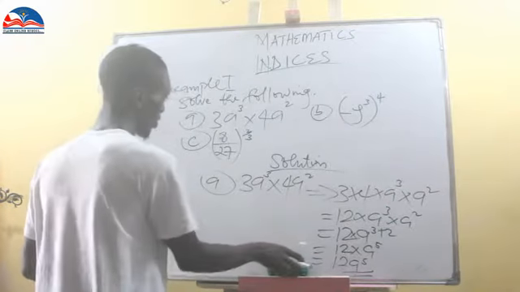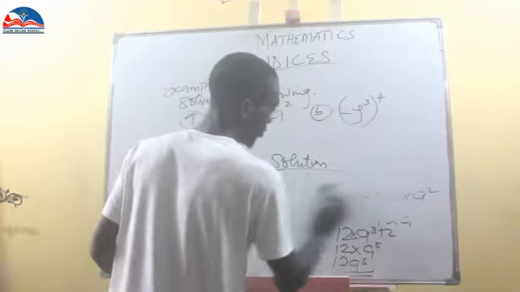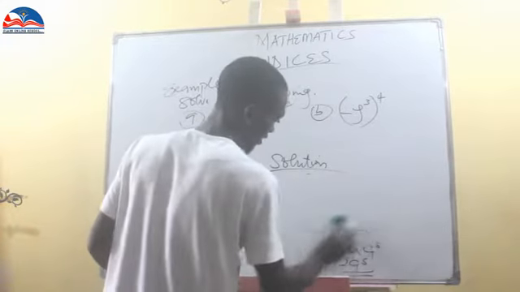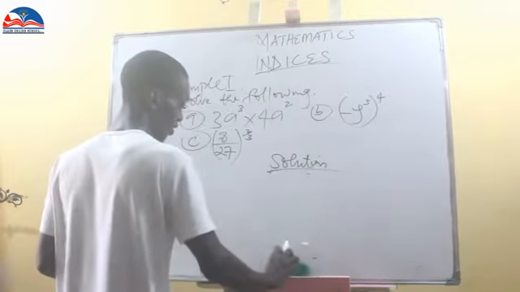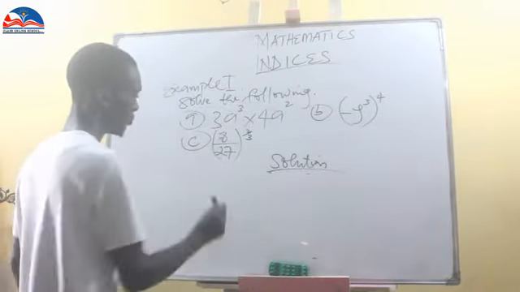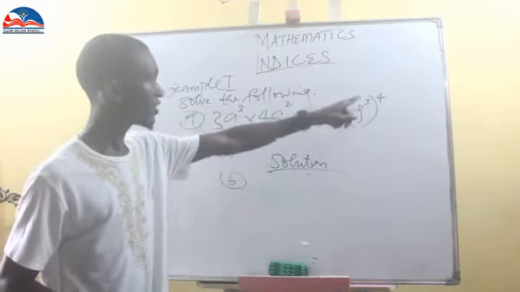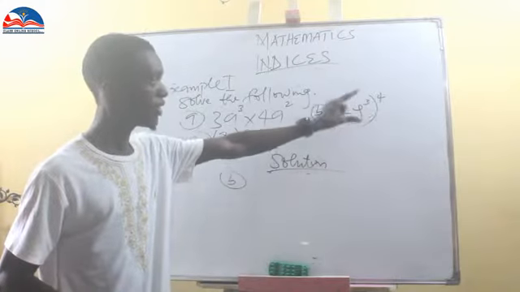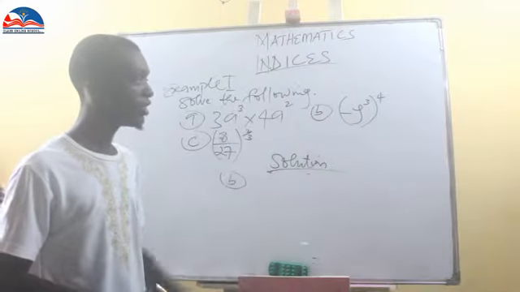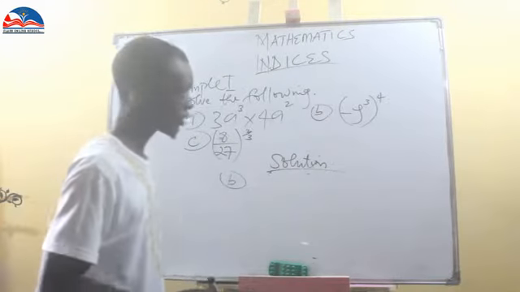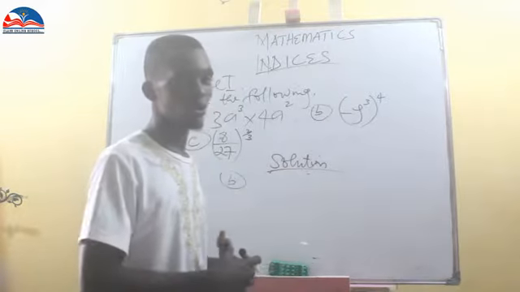So let's take the second example. The second example says minus y index 3 in a bracket, index 4. So this is leading you towards the double index law.